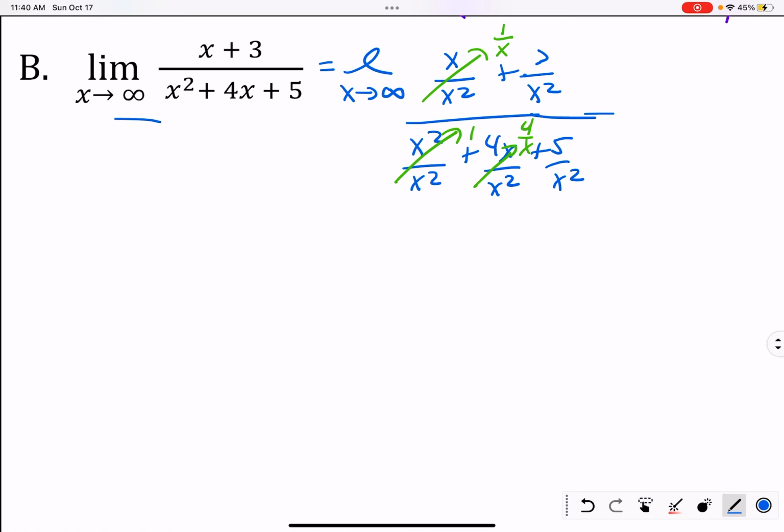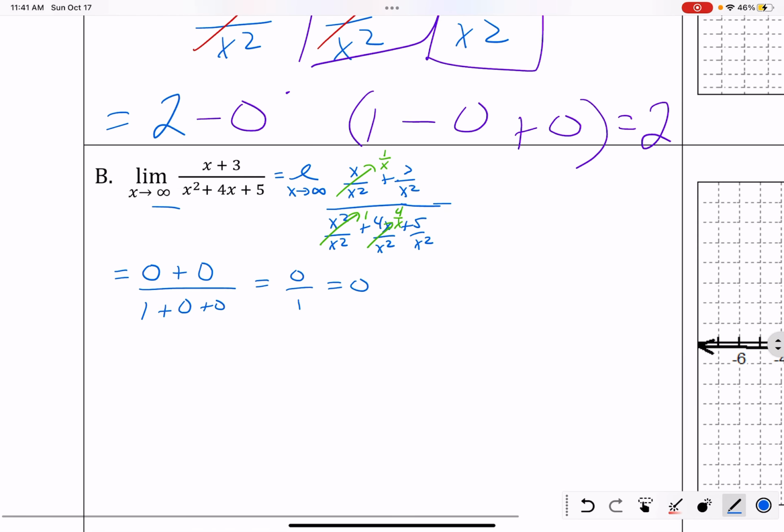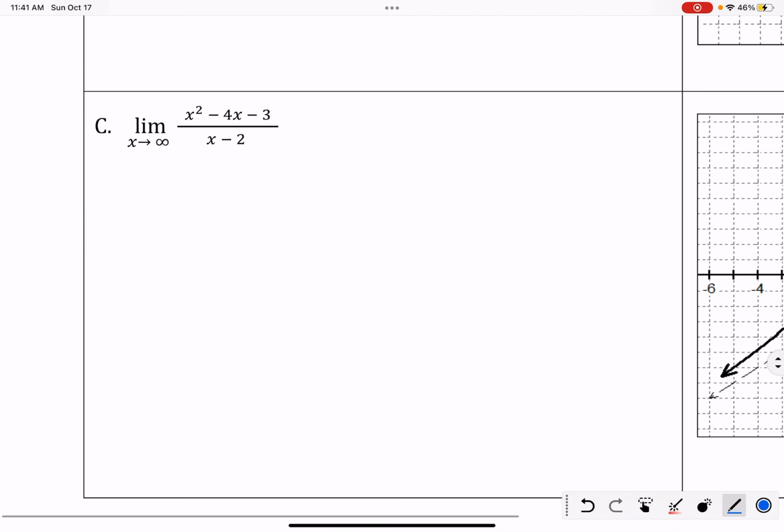Now we throw in infinity. The first term, 1 over infinity, is now 0. Same thing at the top, 3 over infinity squared becomes 0. At the bottom, it becomes 1, plus 0 because it's 4 over x, and 5 over infinity squared is also 0. So this becomes 0 over 1, which is just 0. It's just a matter of dividing by that term and cleaning it up.